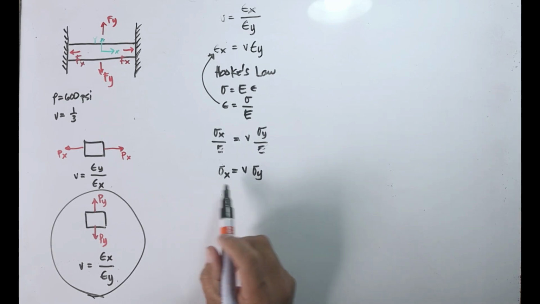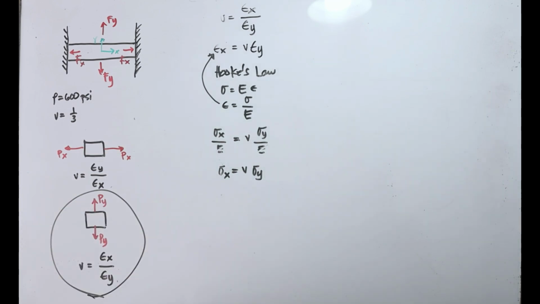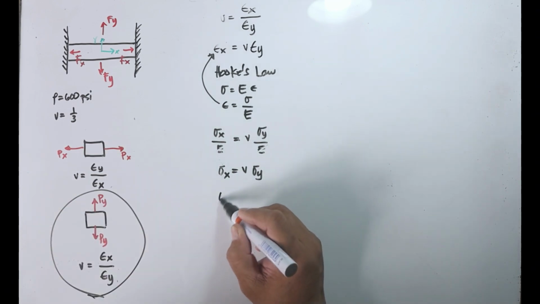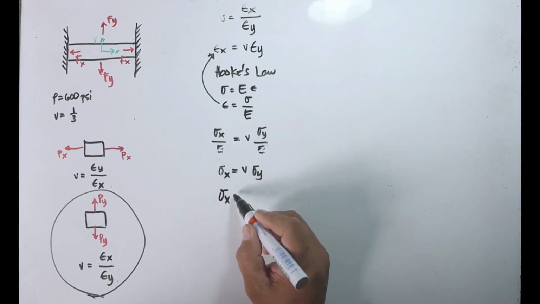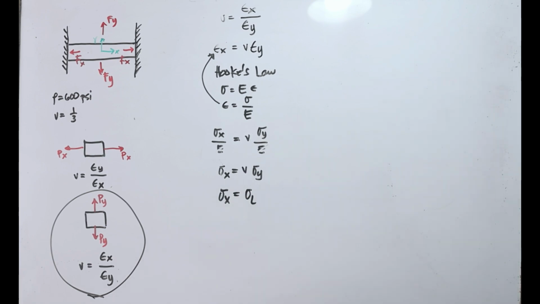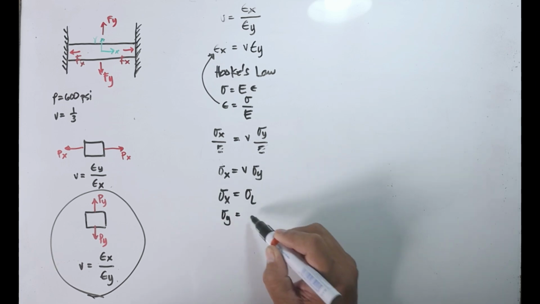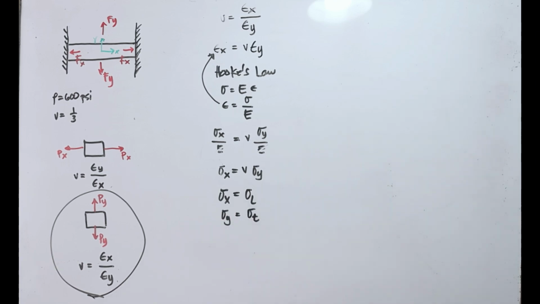Now, the stress along x is the stress along this direction, along the length of the tube. So that means our stress x is also the longitudinal stress. That means our stress along y is the tangential stress.